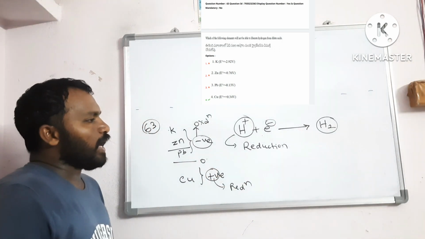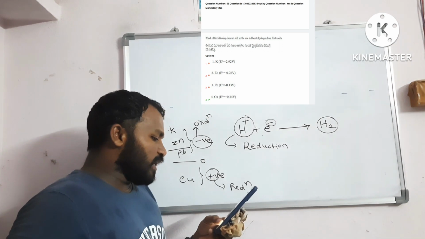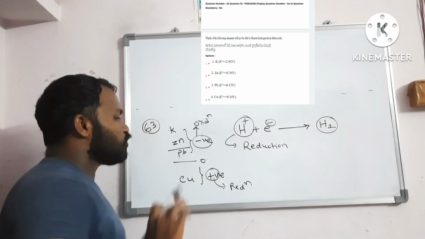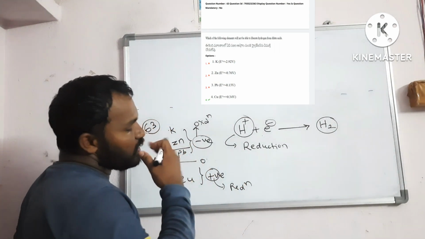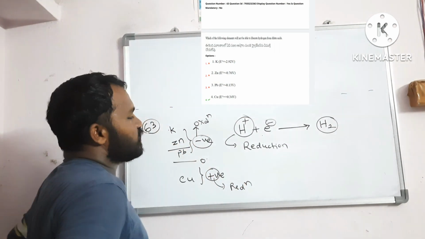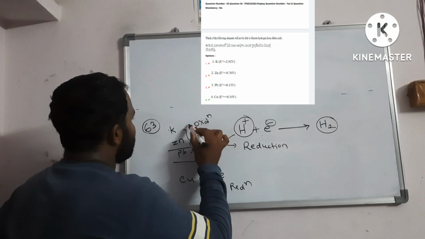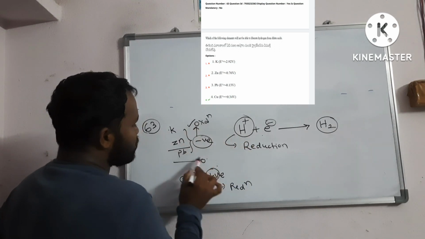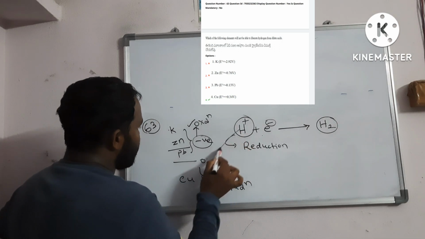What is the question they asked? Which of the following elements will not be able to liberate hydrogen? It means the reaction should not be spontaneous. For a spontaneous reaction, one should be highest and the other lowest.